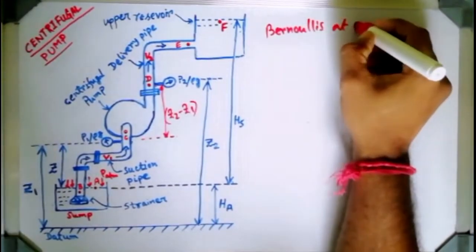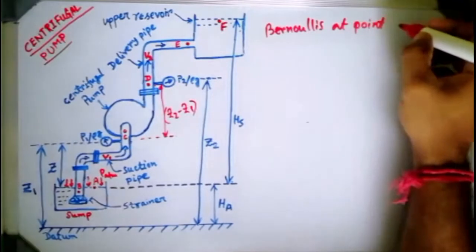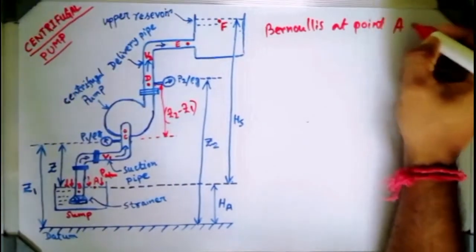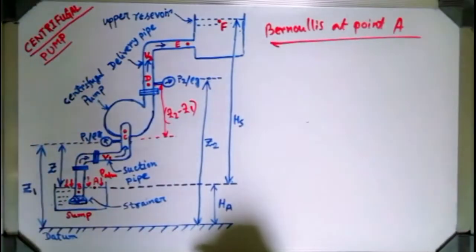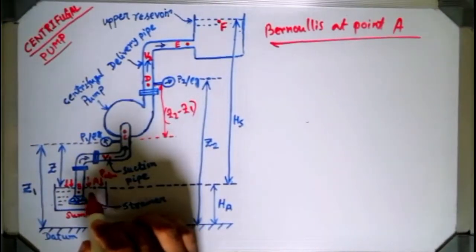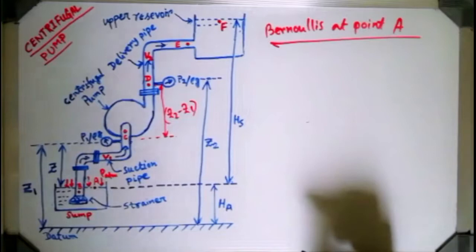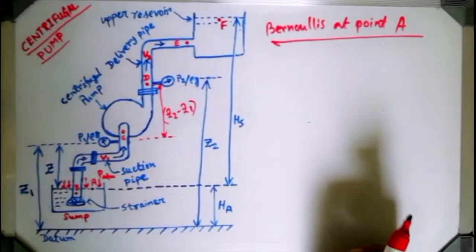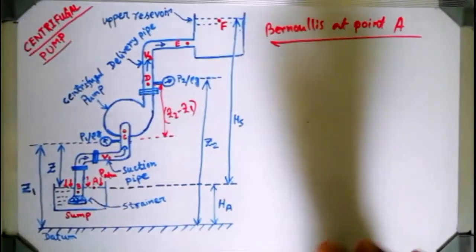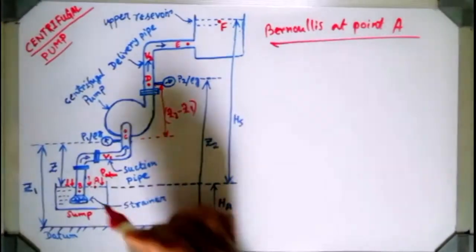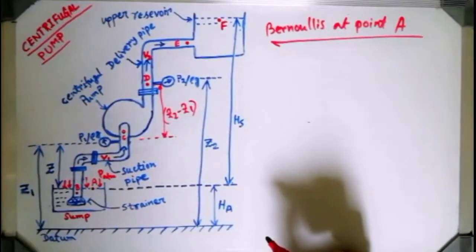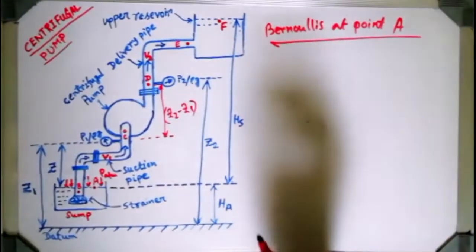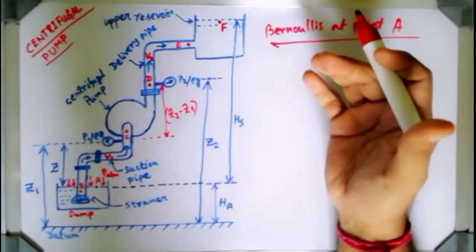suppose at point A, which means this sump, the pressure point available at the sump. So obviously, as I told you several times, we consider the gauge pressure. Here the atmospheric pressure is acting. So if we consider the atmospheric pressure as zero pressure, why do I consider zero pressure?